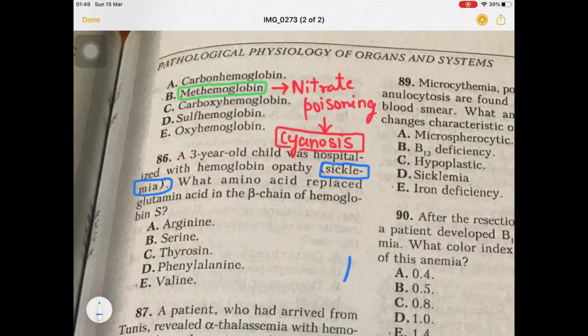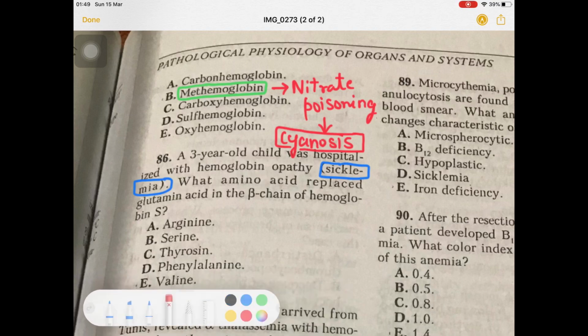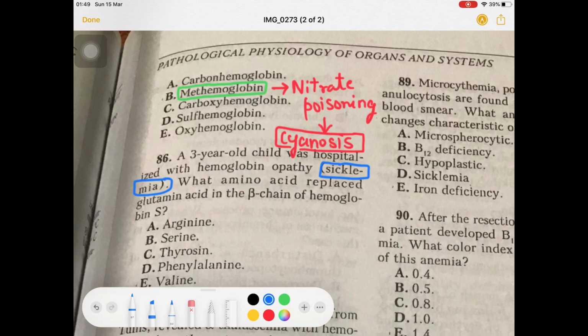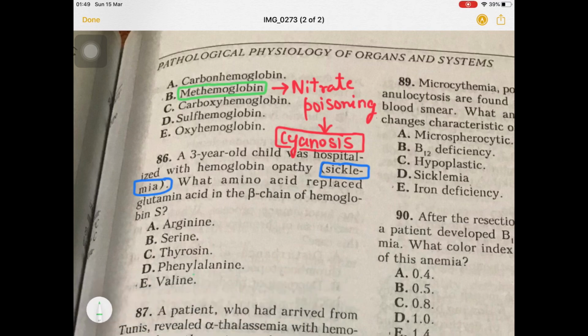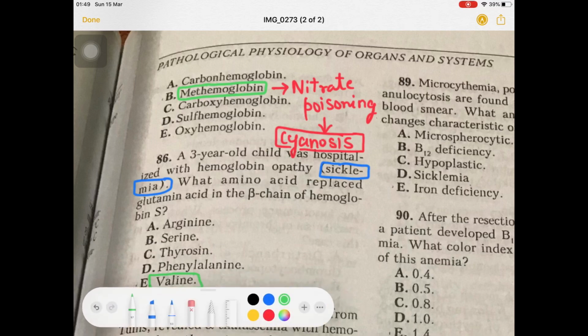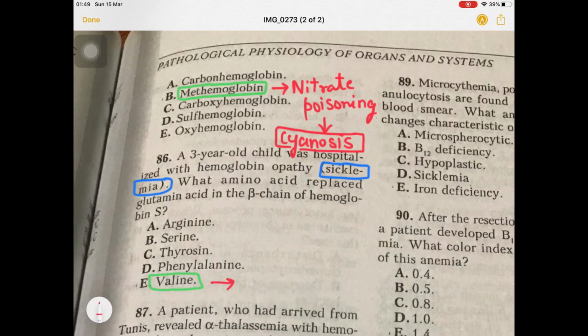So what can be the answer over here? The substitution of glutamic acid by valine. At which position? That will be at the sixth position, right? At the sixth position, substitution of glutamic acid by valine. Okay, so let's move further.